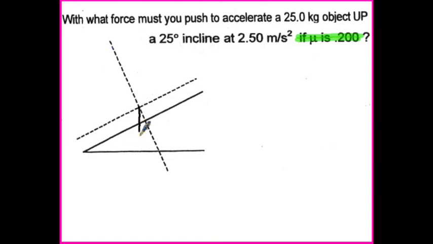Let's see. Turn my weight straight down, making a good rectangle and good components. Okay, this time I'm accelerating up and there's friction, and friction opposes my motion.